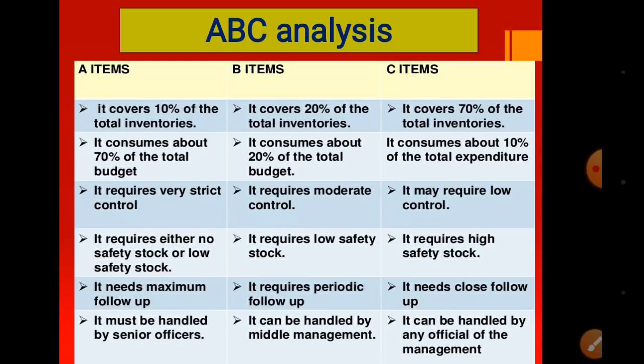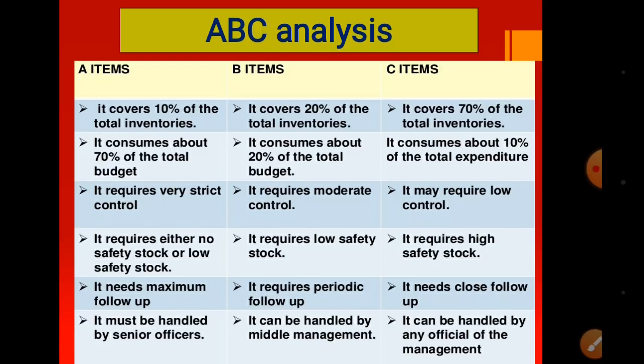Now we can see the difference between A item, B item and C item. That is, A item covers 10% of the total inventories. In case of B item, it covers 20% of the total inventories, and in case of C item, it covers 70% of the total inventories.